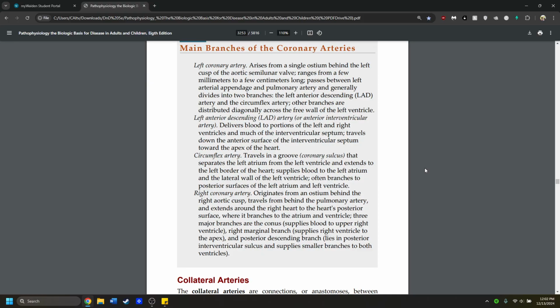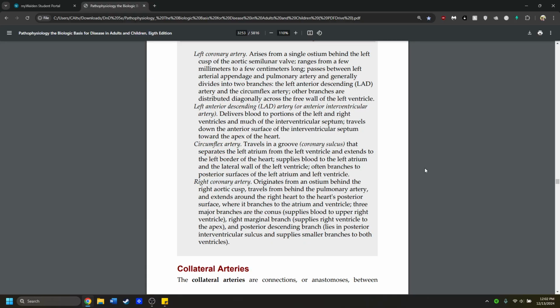The circumflex artery travels in a groove, or coronary sulcus, that separates the left atrium from the left ventricle and extends to the left border of the heart. It supplies blood to the left atrium and the lateral wall of the left ventricle. It often branches to the posterior surfaces of the left atrium and left ventricle.